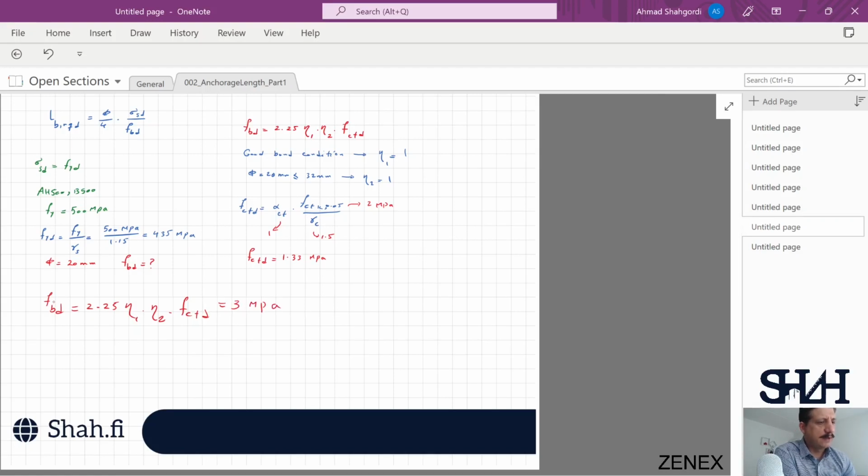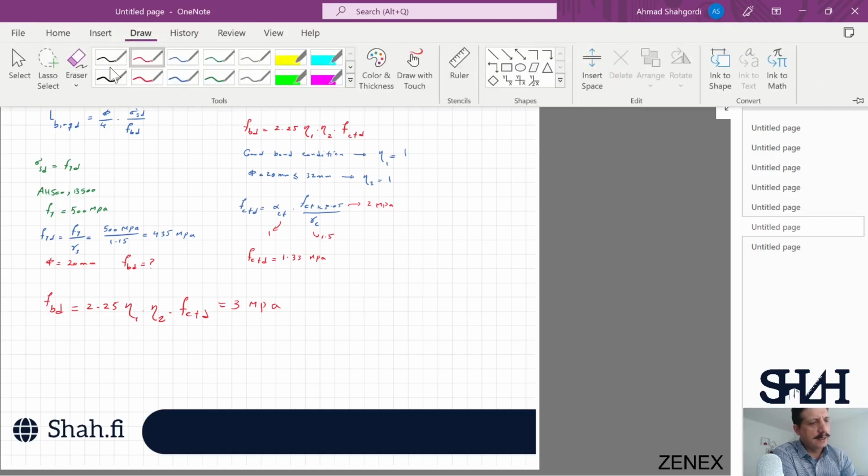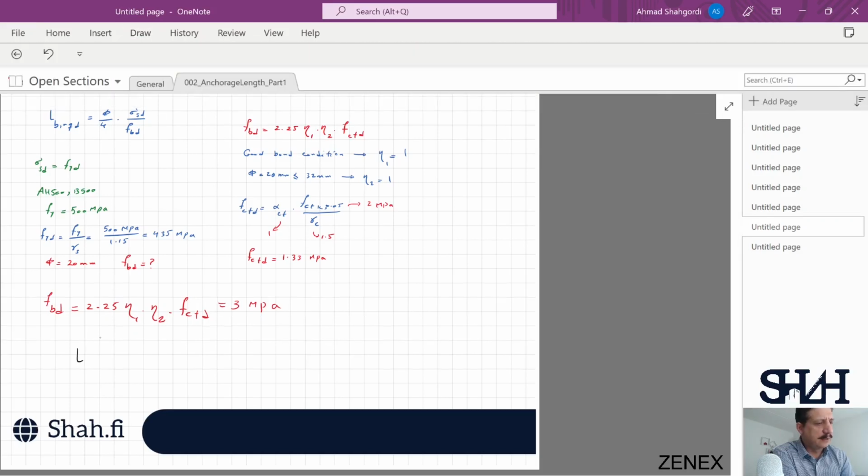So if we have FBD, then we can calculate the required length, which is phi divided by 4 times FYD divided by FBD. So phi is 20 millimeter divided by 4 times 435 megapascal divided by FBD, which is 3 megapascal.